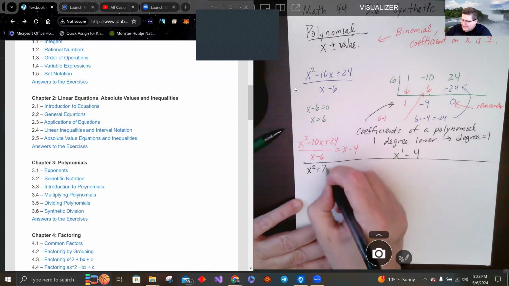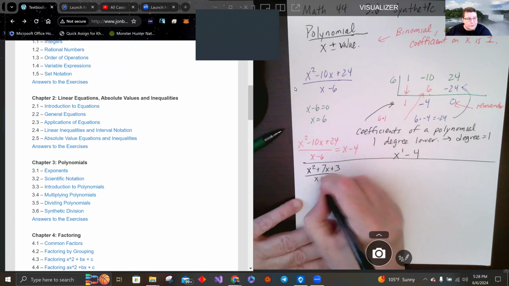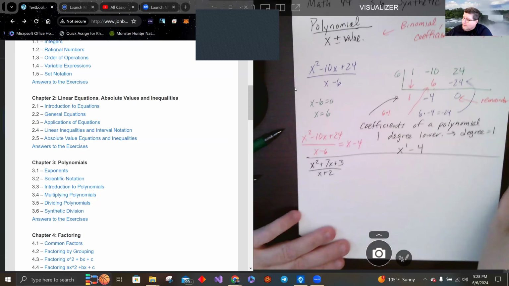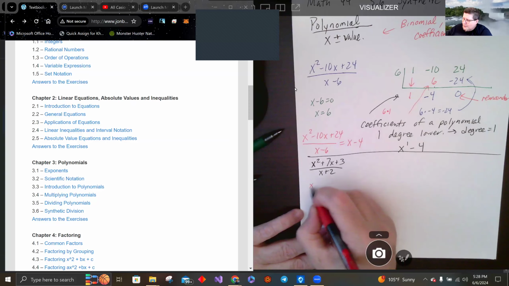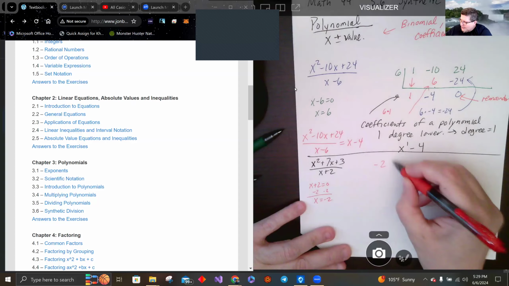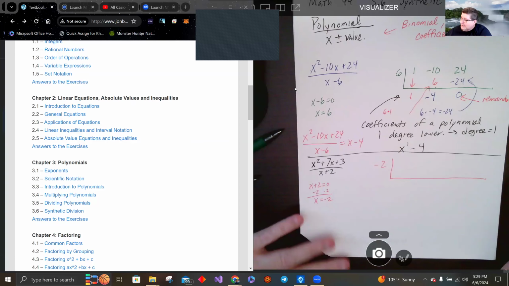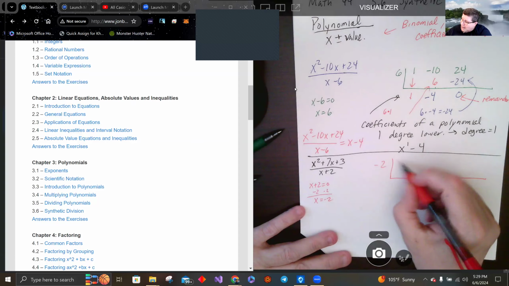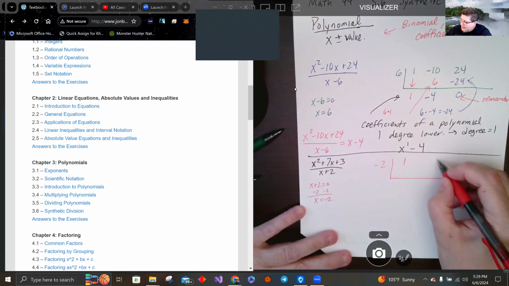x squared plus 7x plus 13 over x plus 2. That was the next one we did. I've got x plus 2. I'm going to subtract 2 and I get x equals negative 2. That's what goes outside. I call it my skybox. I don't know why. I put my coefficients up here.